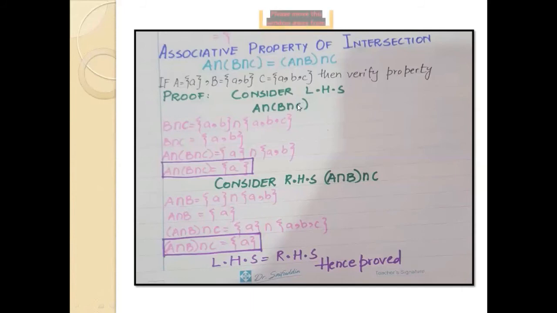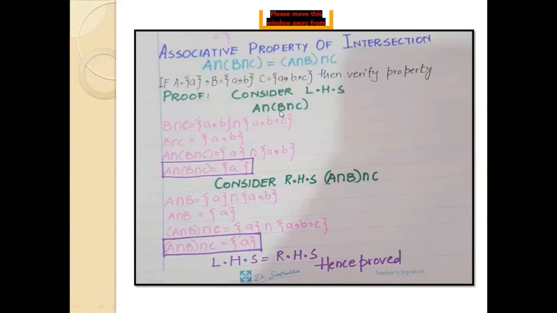As we all know the basic rule of math, first we will solve the bracket, and here in the bracket we have B intersection C. Set B contains elements A, B, and set C contains elements A, B, C. Intersection means writing the common elements. So here the common elements are A and B. So this is B intersection C.